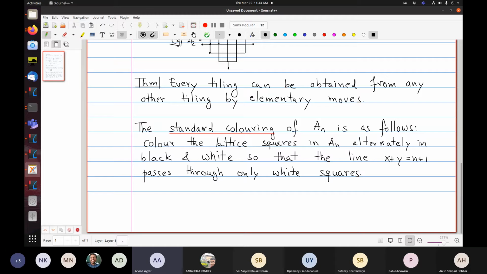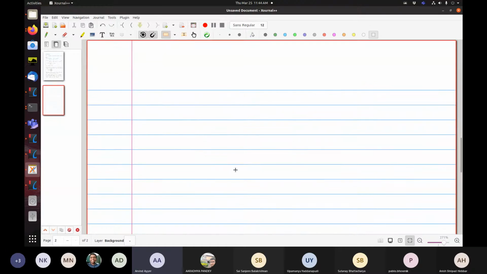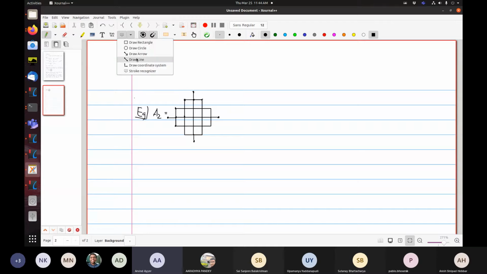Again, let me illustrate this with this example. Look at the line x plus y equals n plus 1.